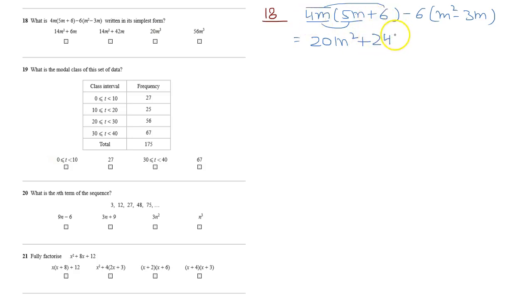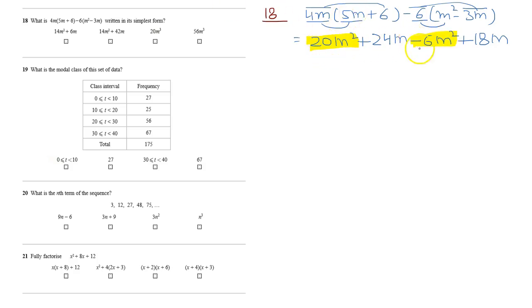Now multiply minus 6 by m square. So this is minus 6m square. Multiply minus 6 by minus 3m. So minus minus is plus. 6 times 3 is 18, and this is a single m. Now like terms: this is 20m square and this is minus 6m square.